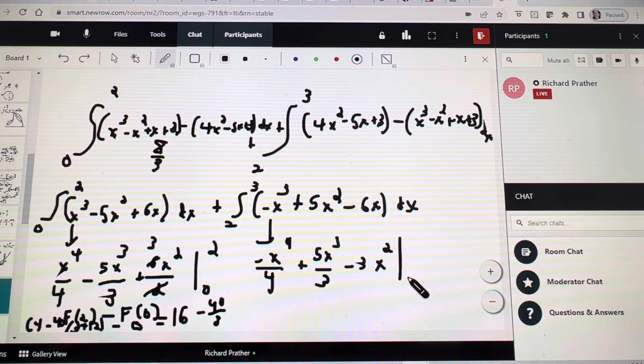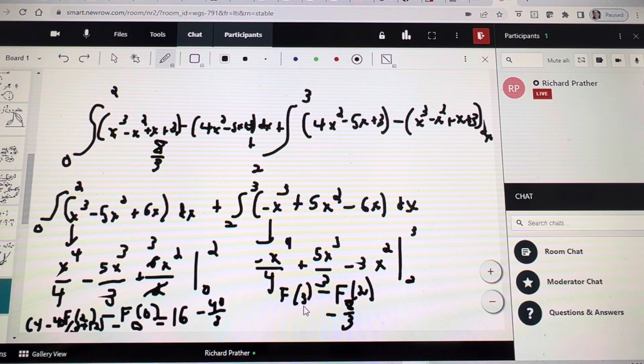From 2 to 3. Big F of 3 minus big F of 2. And big F of 2, we just did that, that was 8 over 3. That's nice how those two, the front one here always matches the back one there.